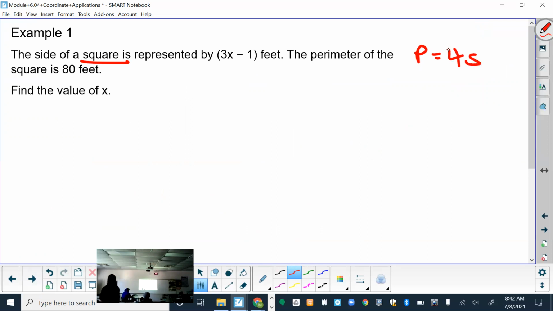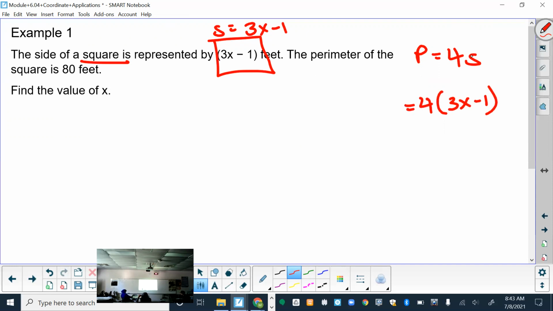So I can use that shorthand formula like this instead of adding 3x and so on. So the side is represented as this. Usually anytime there's numbers or symbols, that's important information, so make sure you put that. It's telling me that S is going to equal 3x minus 1. So I replaced it here for the S. Notice whenever I plug stuff in, I put it in parentheses.